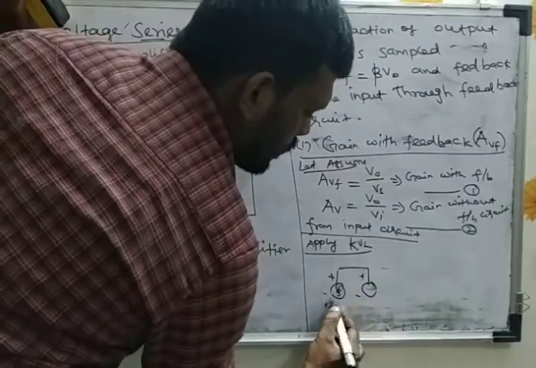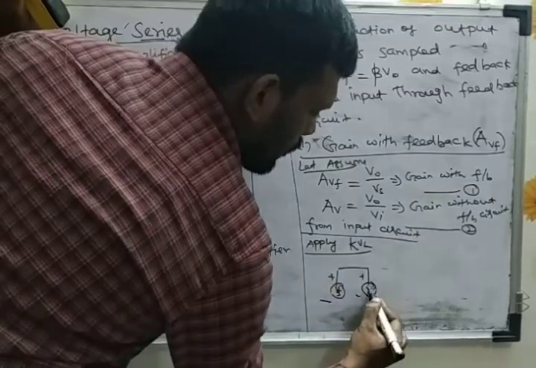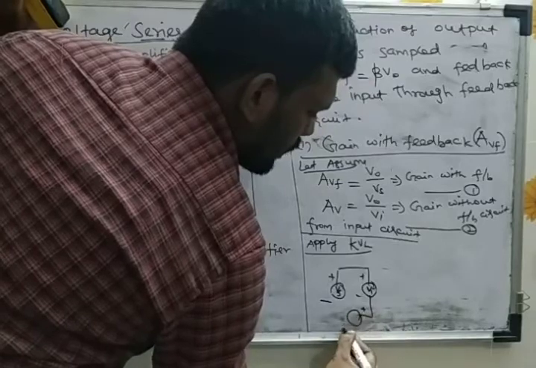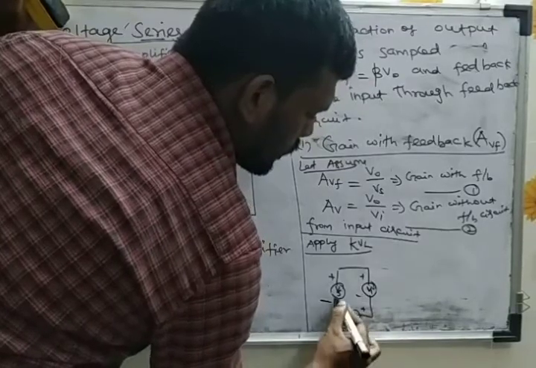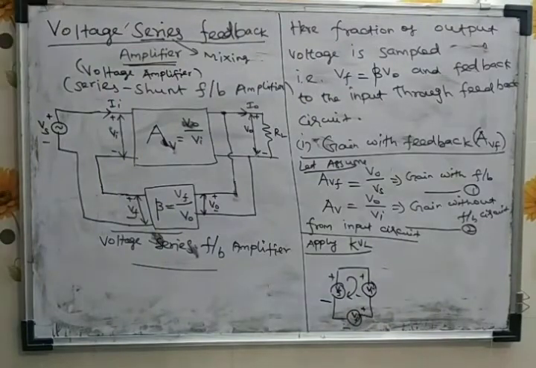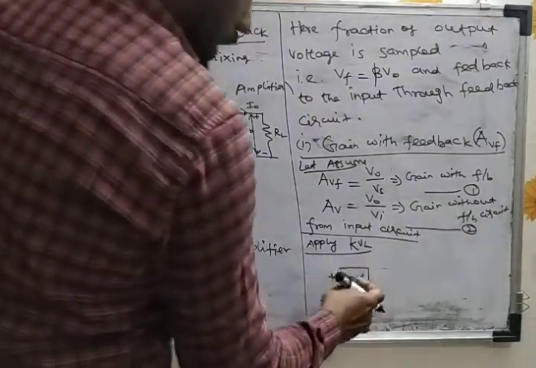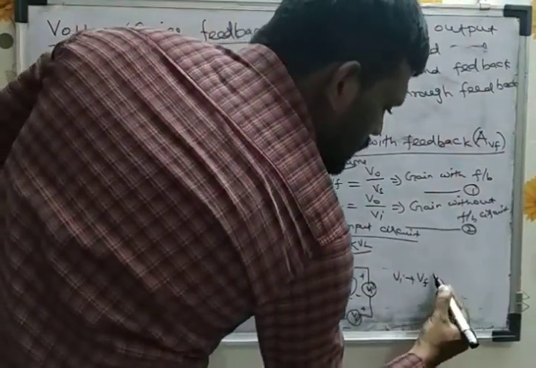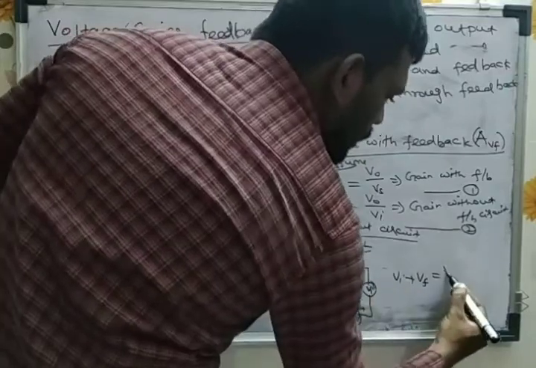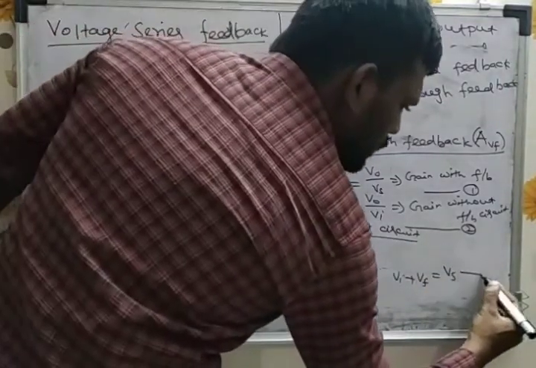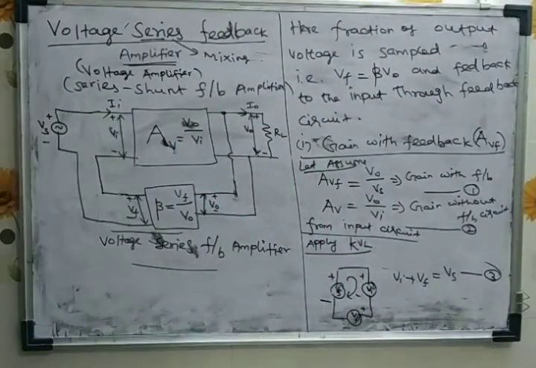We know that rising potential is equal to falling potential. So we can write Vi plus Vf is equal to Vs. This is equation number 3.